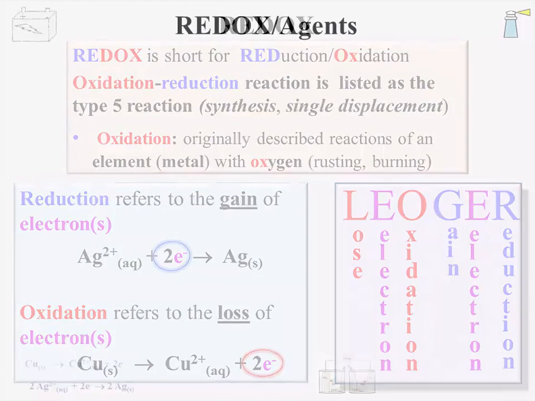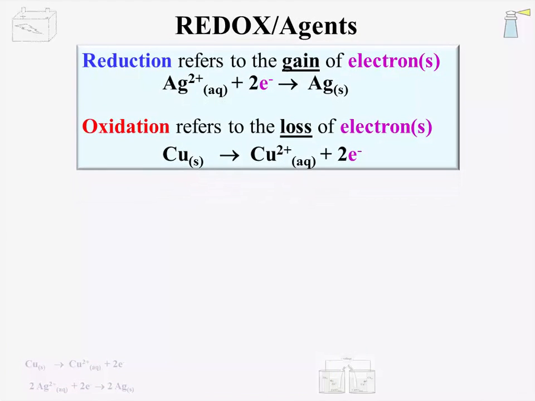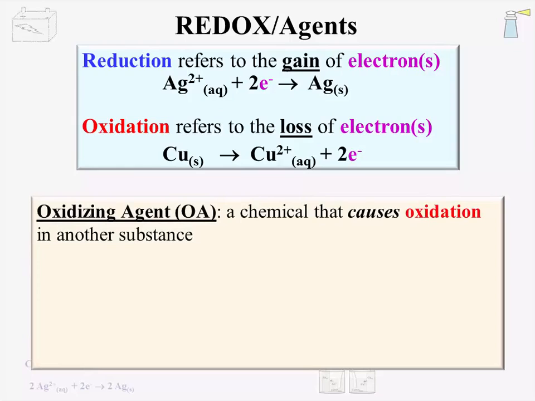Since oxidation and reduction are two parts of the same reaction, certain compounds in the reaction can be assigned and named as either causing production or consumption of electrons. An oxidizing agent is a chemical that causes oxidation in another substance. Oxidation is loss.